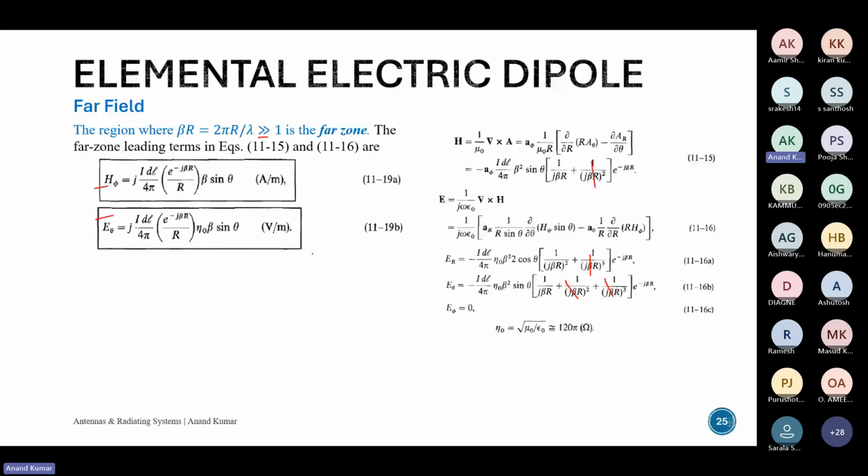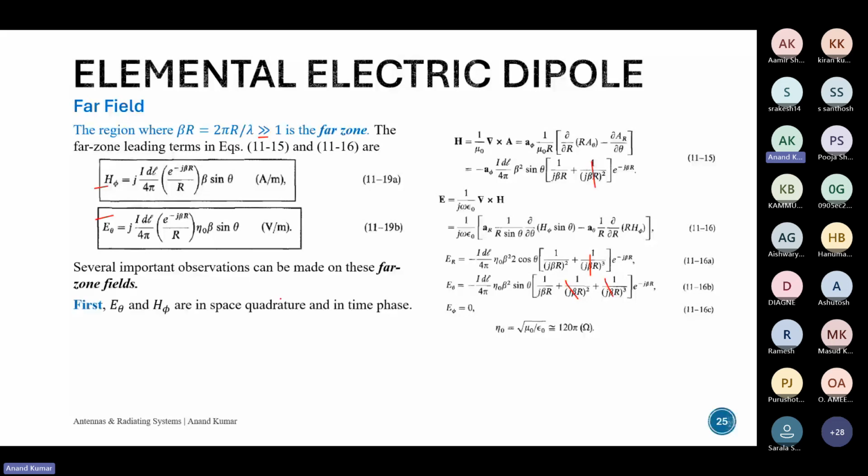If we look at them closely, we can make some observations. For example, we have the magnetic field and electric field in orthogonal directions. So they are in space quadrature, but the phase term is the same. So they are in the same time phase, but in different space quadrature.